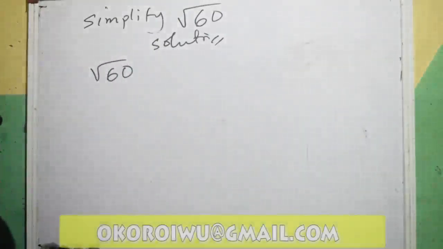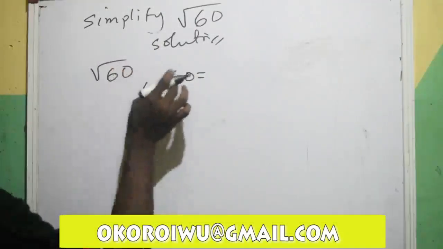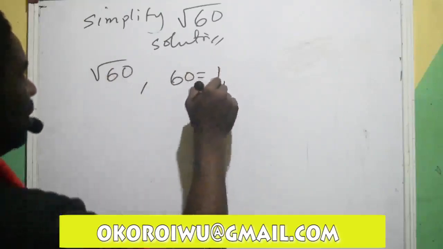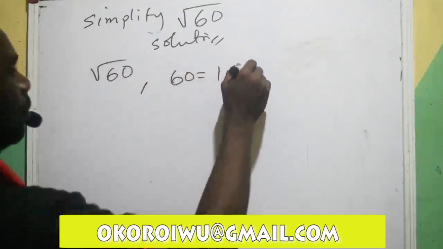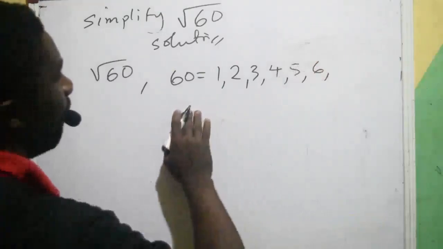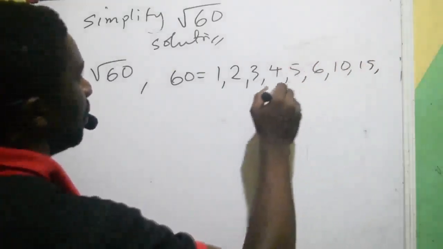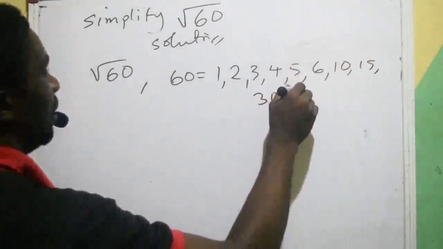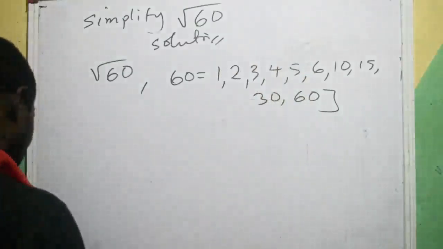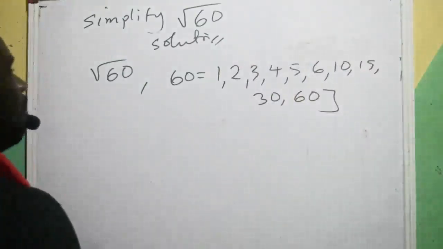When you must have written this, write down the factors of 60, which means the numbers that can divide 60 without remainder. They include 1, 2, 3, 4, 5, 6, 10, 12, 15, 30, and 60. So these are the factors of 60. So from this list, write down the perfect squares here.